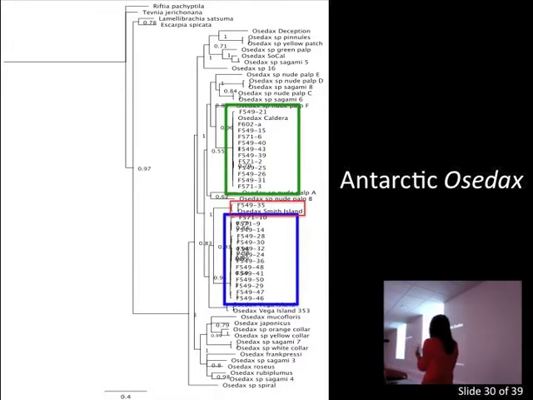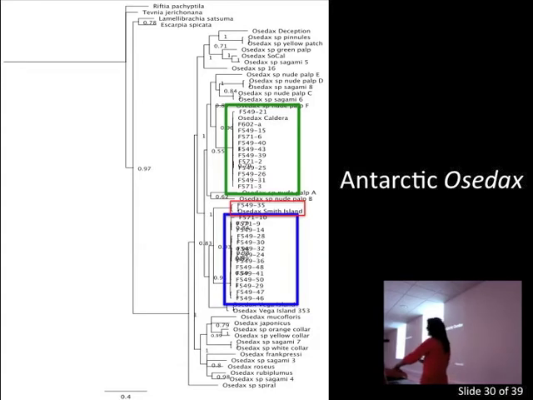So, moving on to chapter 2. That little Osedax picture I showed you before, we got about 40 specimens of them, and we decided to do some DNA work on them. And basically, this tree shows all of the Osedax species so far, and then these numbers are all of my specimens.